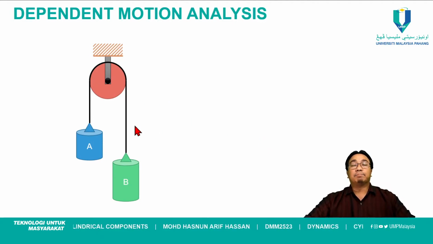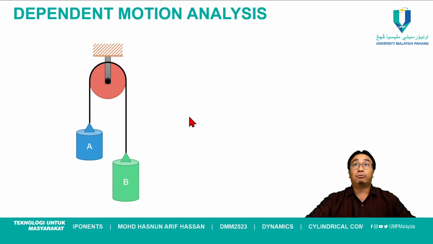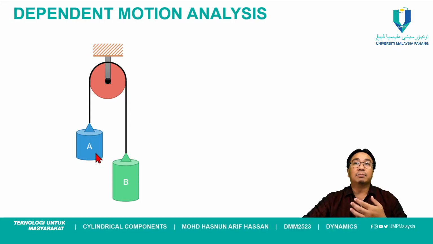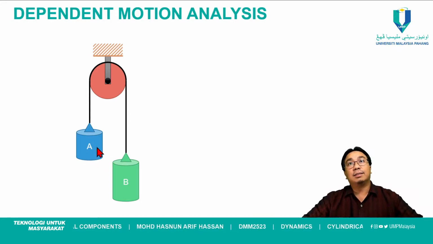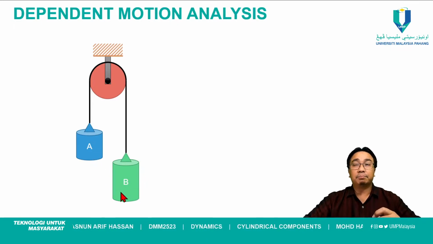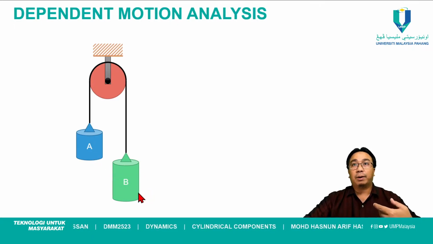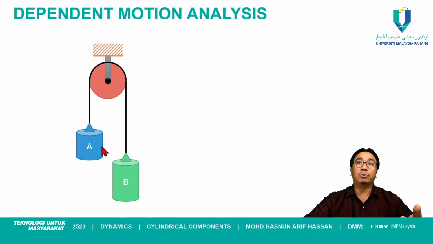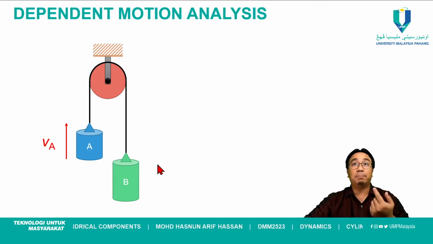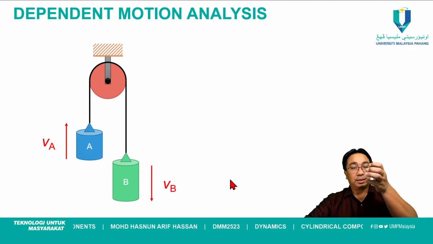Let's look at a simple example of dependent motion analysis. So this is another example. So there is an object A, which by looking at the figure, looking at the picture here, you can see that A is smaller than B. By visual, we will know that point A will move up because point B will be travelling down.